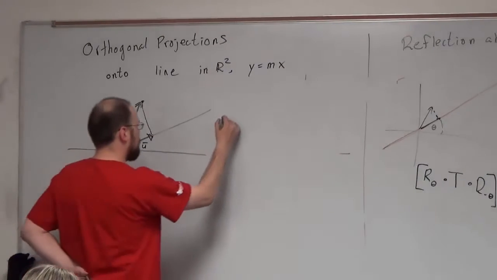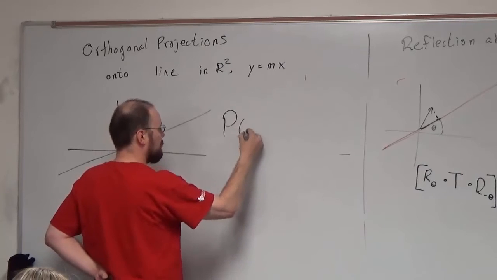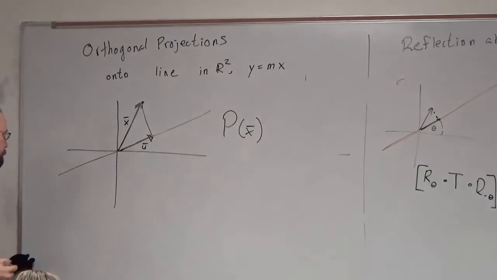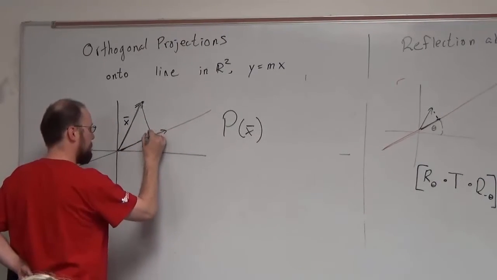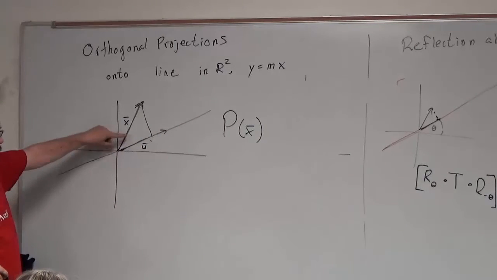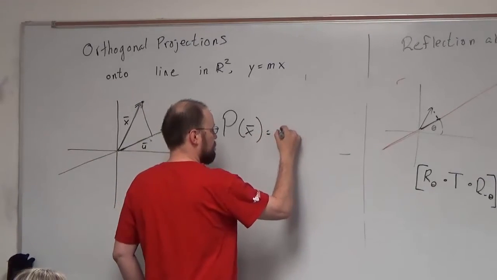And I want to project, P for projection, x onto the line. So this projection has to be on the line.